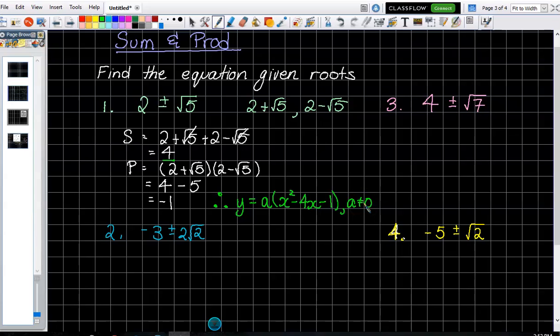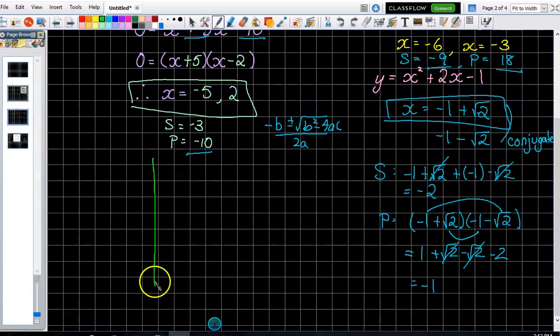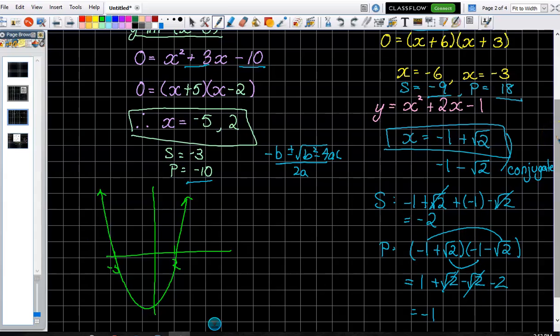Because you have to pop that in and say a doesn't equal 0. It's best explained, I guess. So if we go back here, and this is what you're about to go and do, is sketch these little suckers. So we've got minus 5 here, and we've got 2, and that's got solutions of minus 5 and 2. We happy? This one has a y-intercept of minus 10, correct?